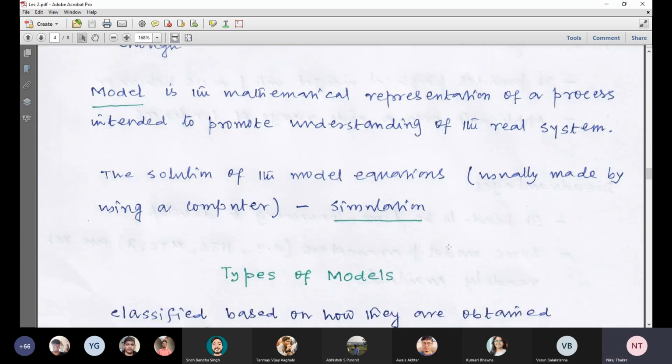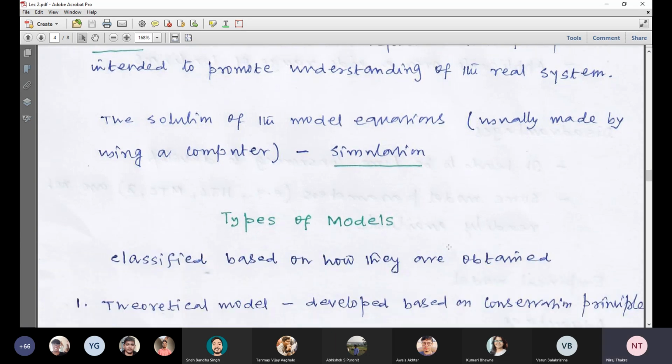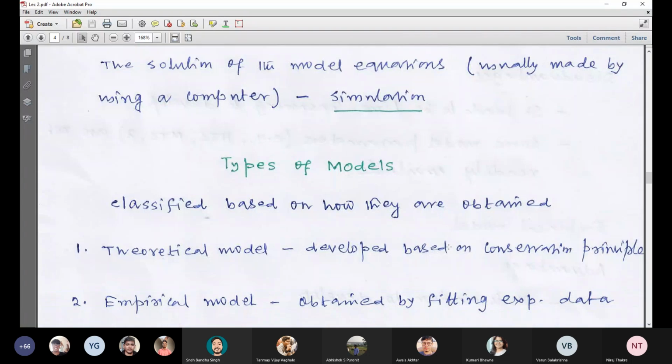Fine. Now let us come to the types of models. So there are two types of models. I mean, we can classify the model in different ways. Now here it is classified based on how they are obtained.